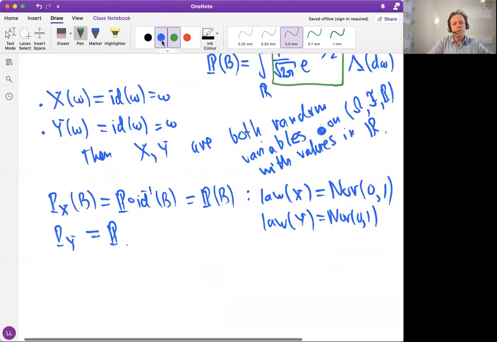What about the joint law of X and Y? So now we ask, okay, the joint law of X and Y is a probability measure that assigns to every Borel set in the plane the probability.